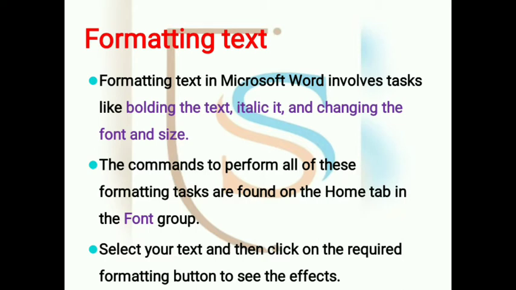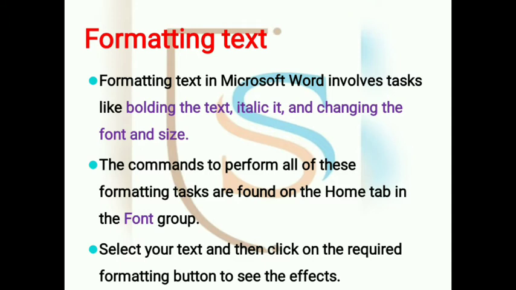To change the size, to change the color, to change the style of the text, that is called formatting text. So you can see here, formatting text in MS Word involves tasks. Which type of tasks? Bolding the text, italic, and changing the font and also size. The commands to perform all of these formatting tasks are found on the Home tab in the font group.